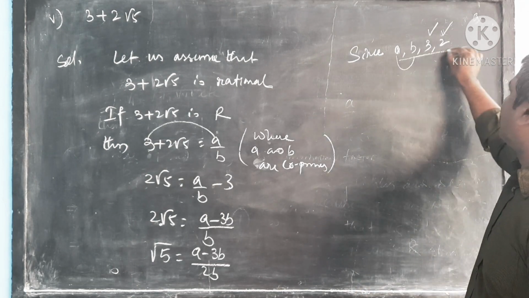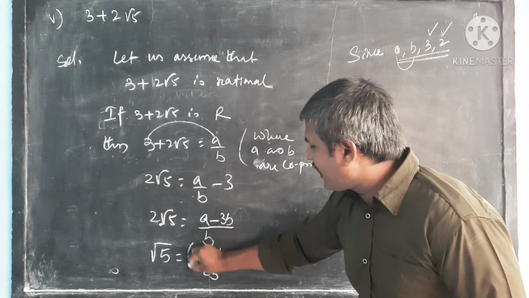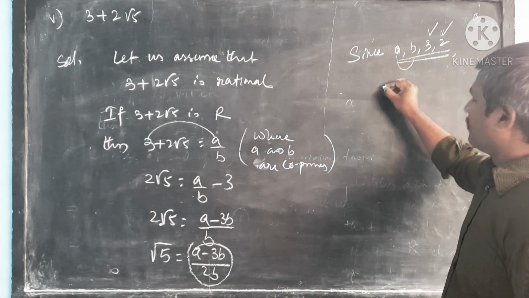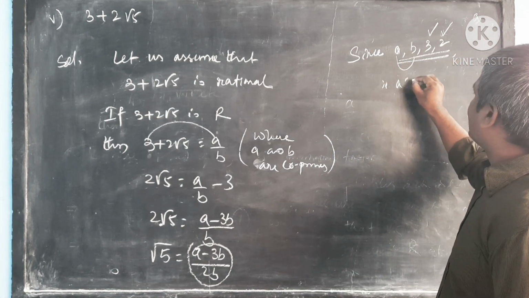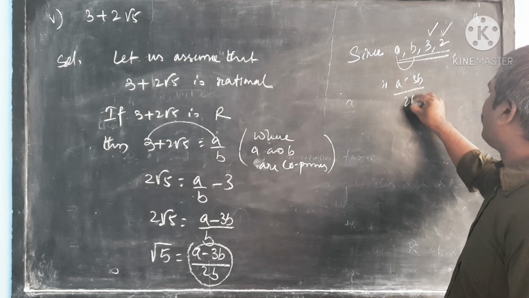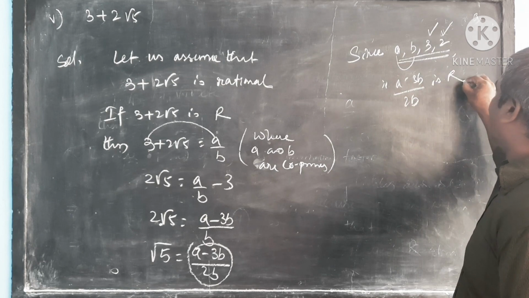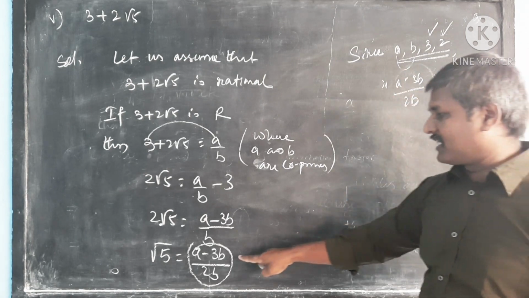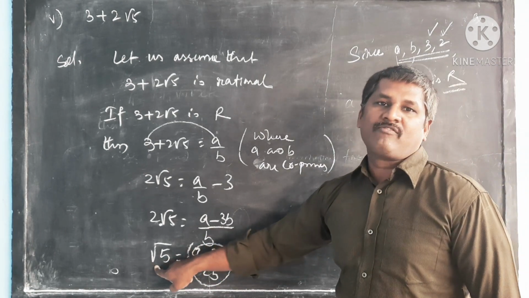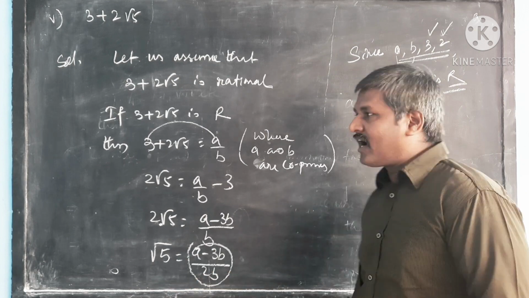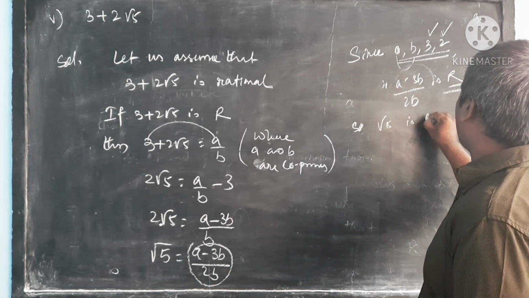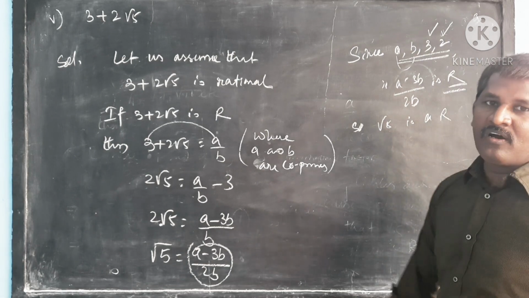Since all these terms are integers, the entire right side is rational. So a minus 3b by 2b is rational, and it is equal to the left part, which is root 5. That means root 5 is a rational number.